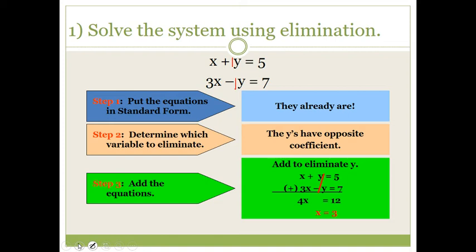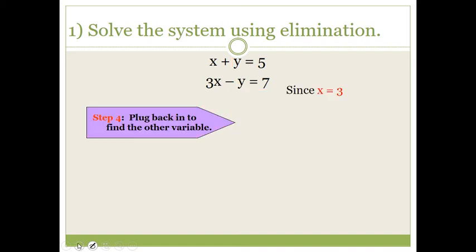So the hard work is getting that first variable. But once you get that first one, the next step is easy, right? Since we know that x is 3 now, we just plug that back in to one of the equations to find the other variable. And again, it doesn't matter which equation you choose, but once you do enough of these and you start getting more experience, it's to your advantage to pick out the equation that looks like it's going to be the simplest.